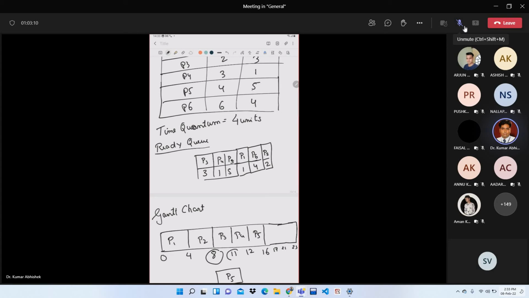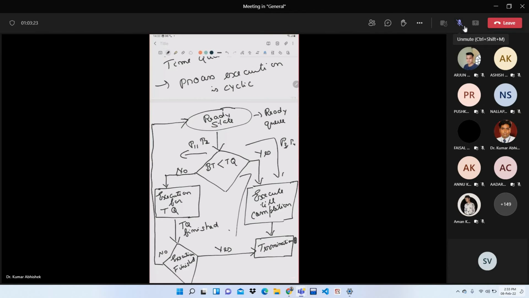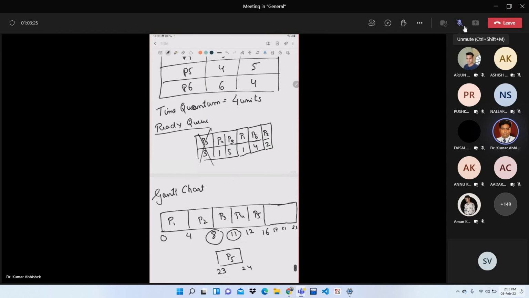What happens at time 11? This is executed. Which part of the flowchart will be executed? This part directly goes to termination. Then at time 12, what happens? This is executed.